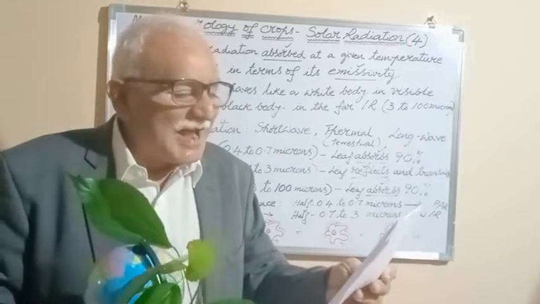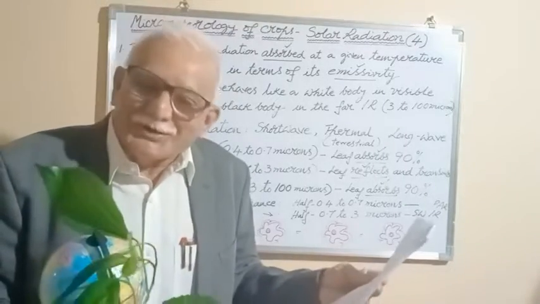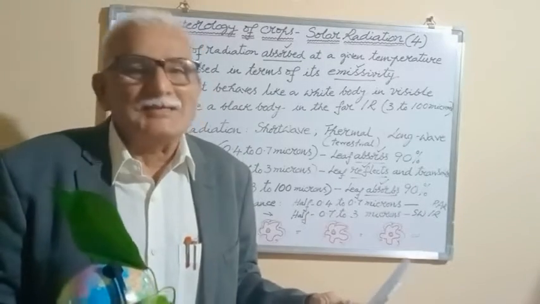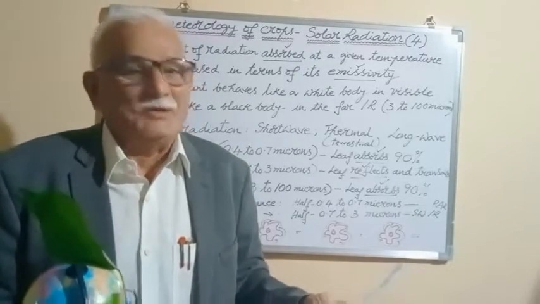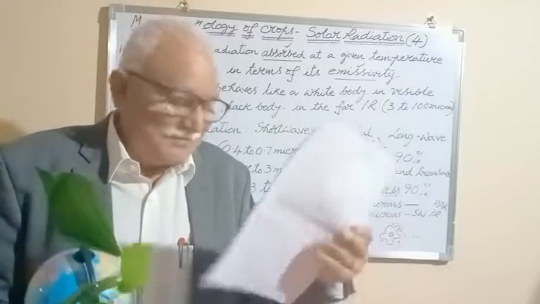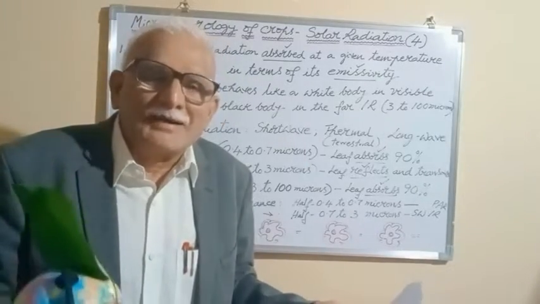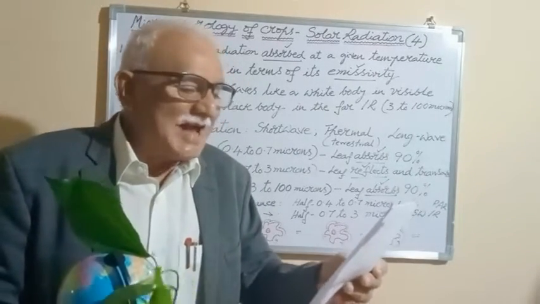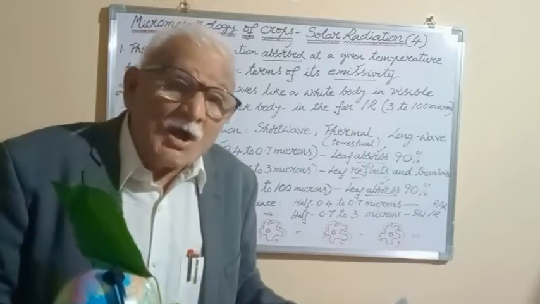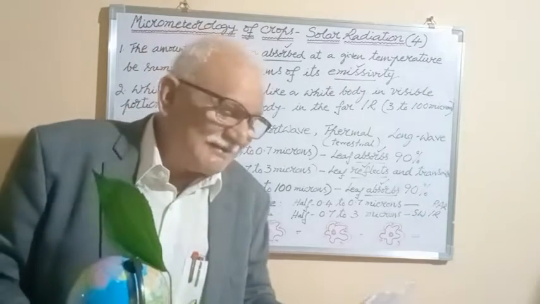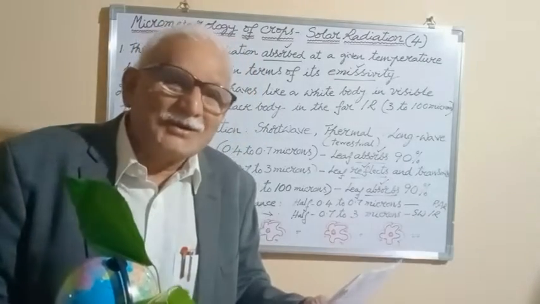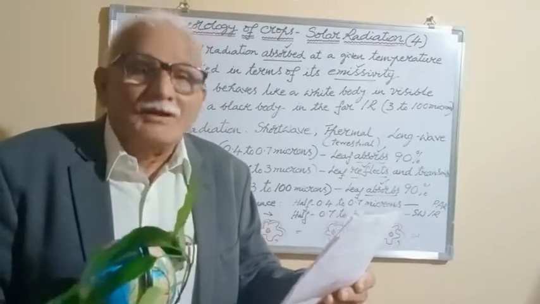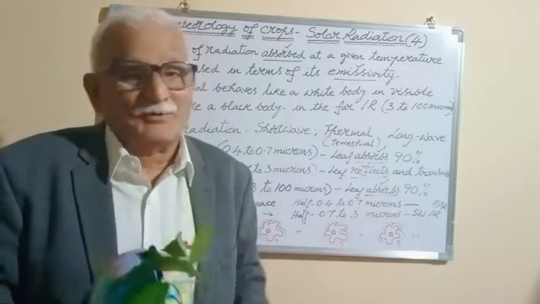If you take the seasonal or annual pattern, seasons like winter, rainy season, as far as Asia is concerned, monsoon season, summer season, and globally we call them autumn, spring, and so on. Now, the seasonal and annual pattern of solar radiant energy received by the crop changes because of the orientation of the earth with respect to the sun.